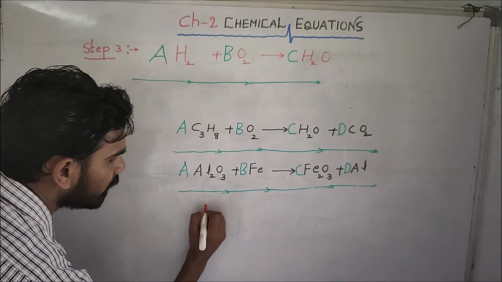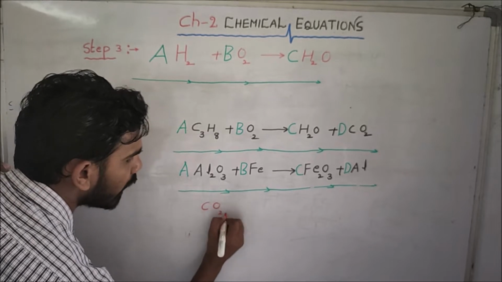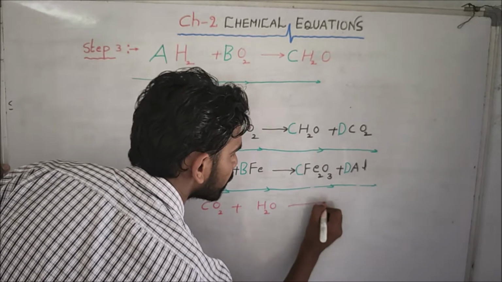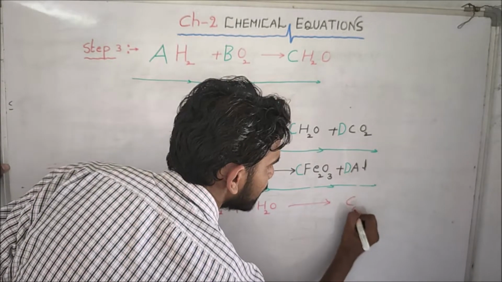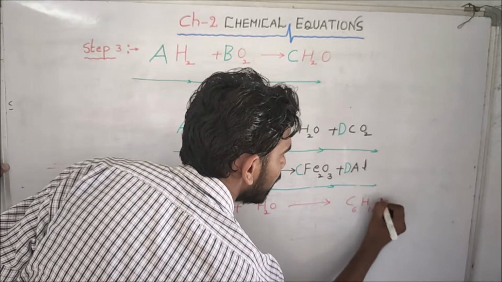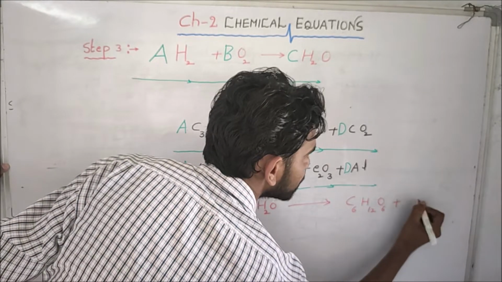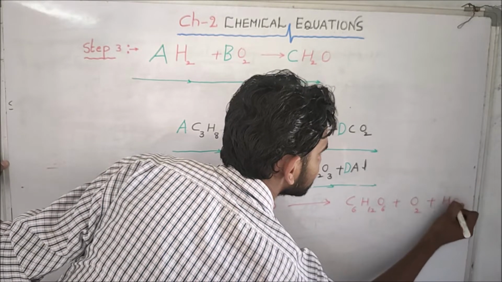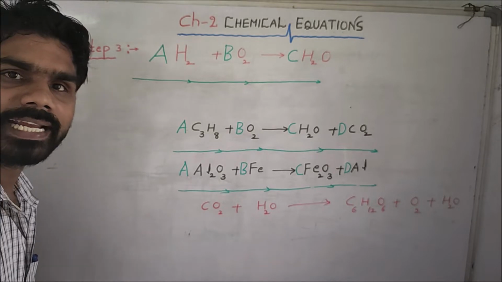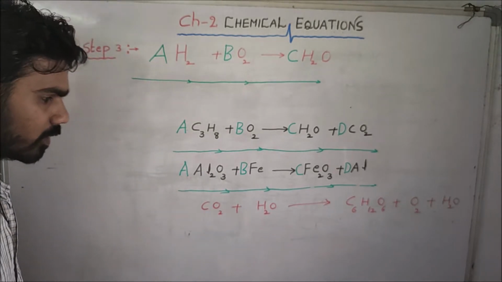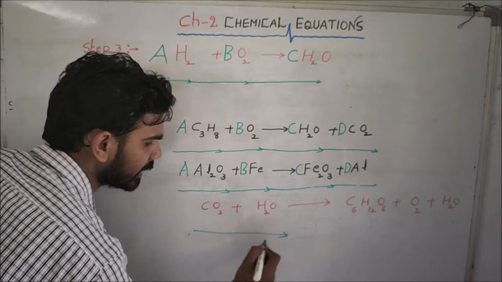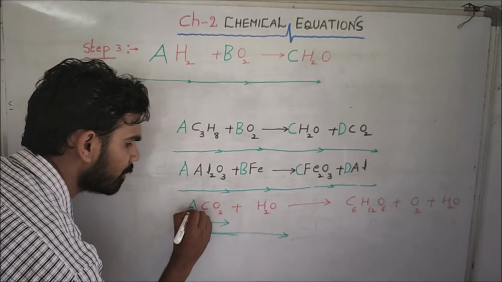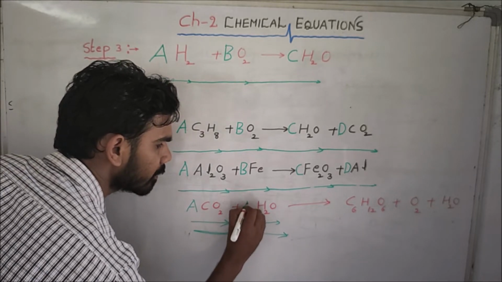For example, CO2 carbon dioxide, H2O water, photosynthesis reaction I am writing, C6H12O6 plus oxygen and some water will come. Now how many reactants? 2 reactants. So here first reactant CO2 A family, second reactant B family.